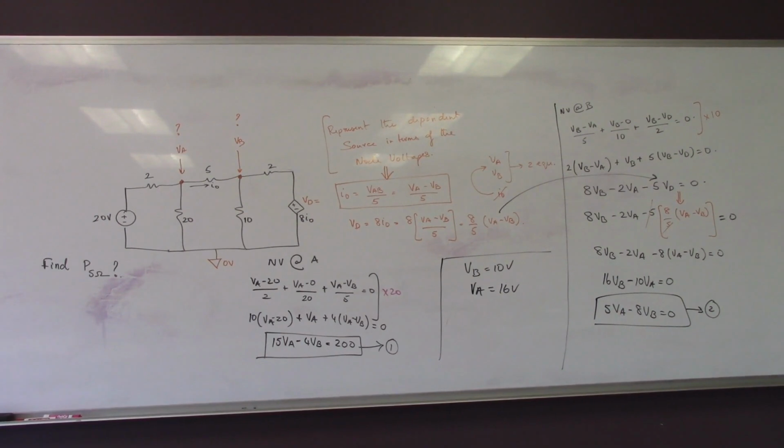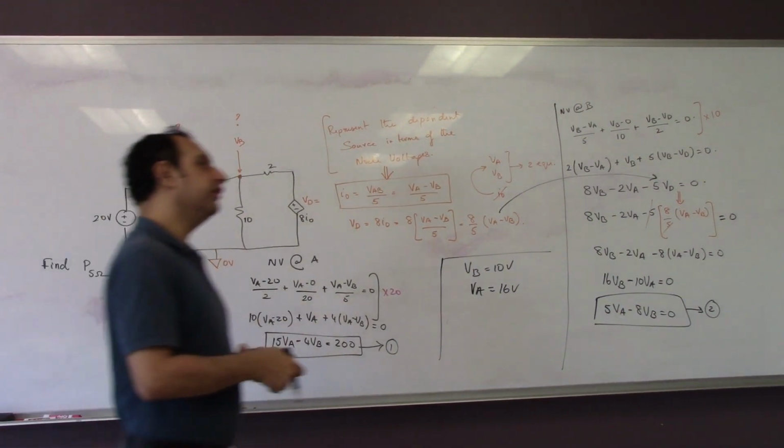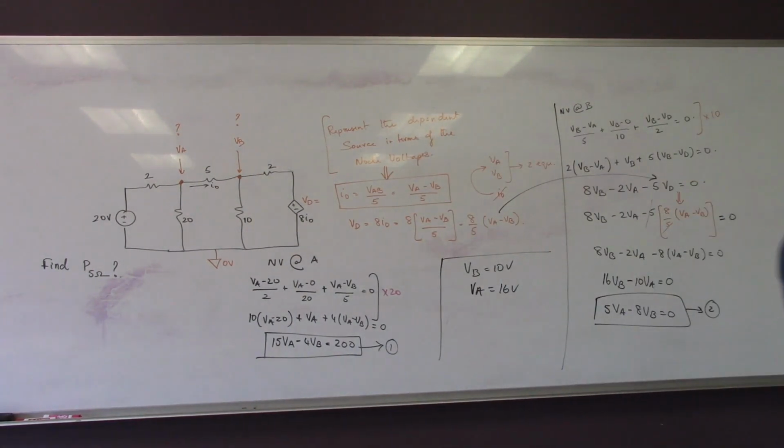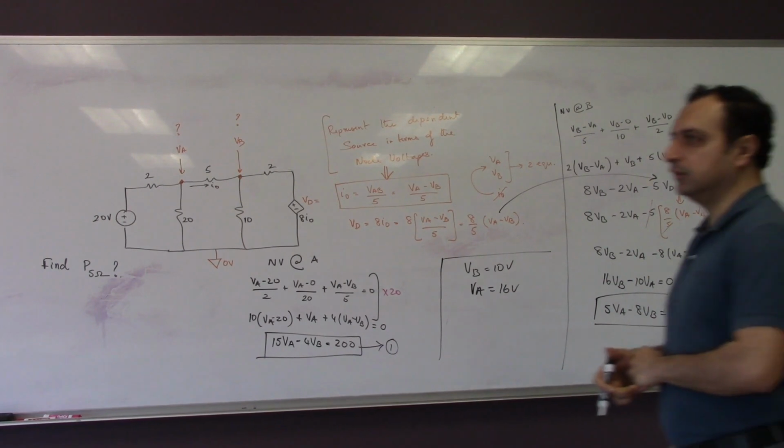So 15 will cancel, 8 times 3 is 24, so plus 24 minus 4 will be 20, 20 VB equal to 200, so VB will be equal to 10.